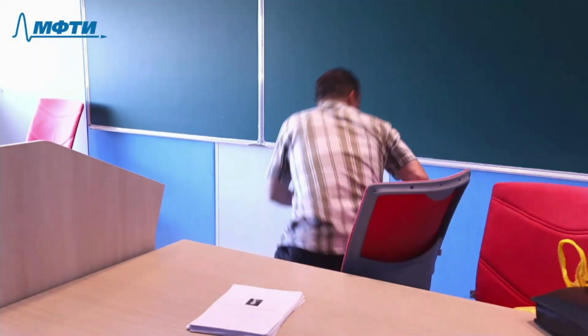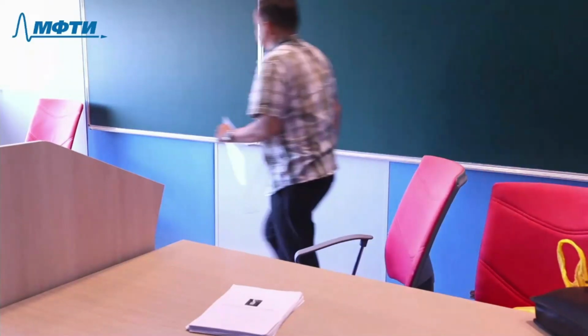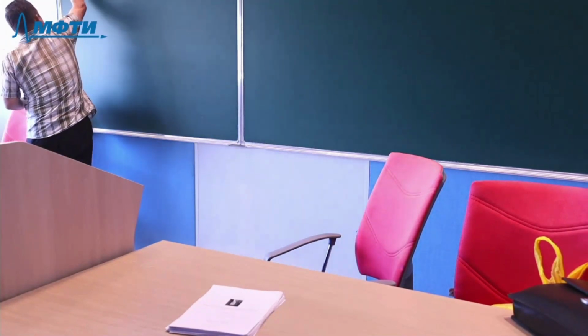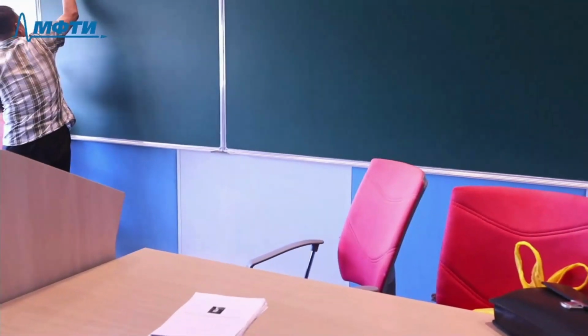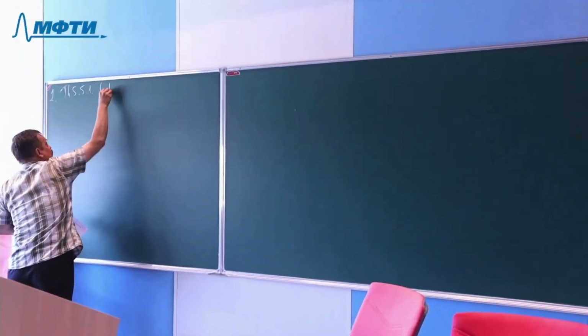First question, Taylor's theorem with Lagrange form of remainder. That is theorem 5.5.1 from part 1.